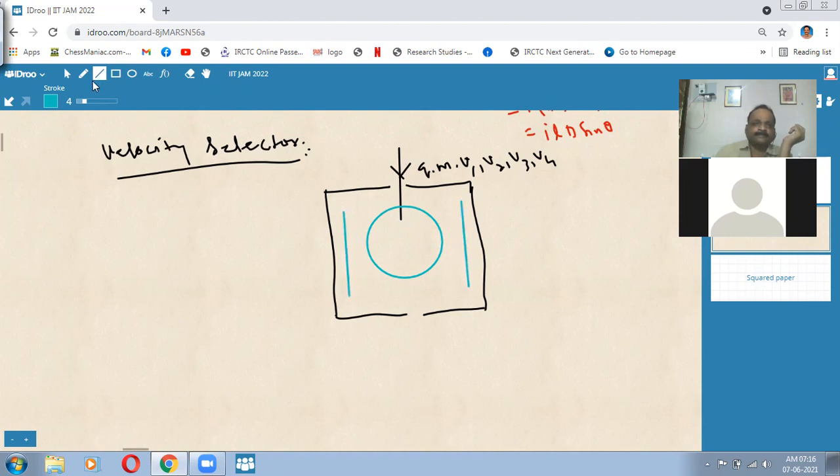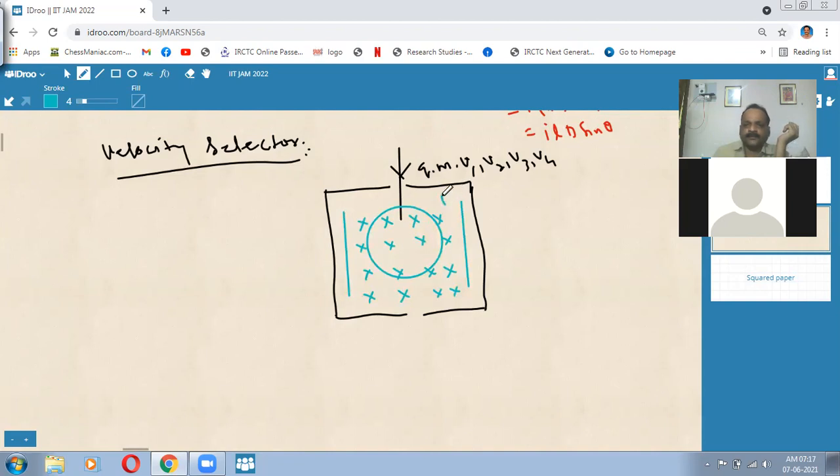Now, in this region, there is a uniform magnetic field pointing into the board like this. Circular region. Of course, I'm drawing somewhat outside also, it doesn't matter. Magnetic field B is pointing into the board. Please draw this figure.